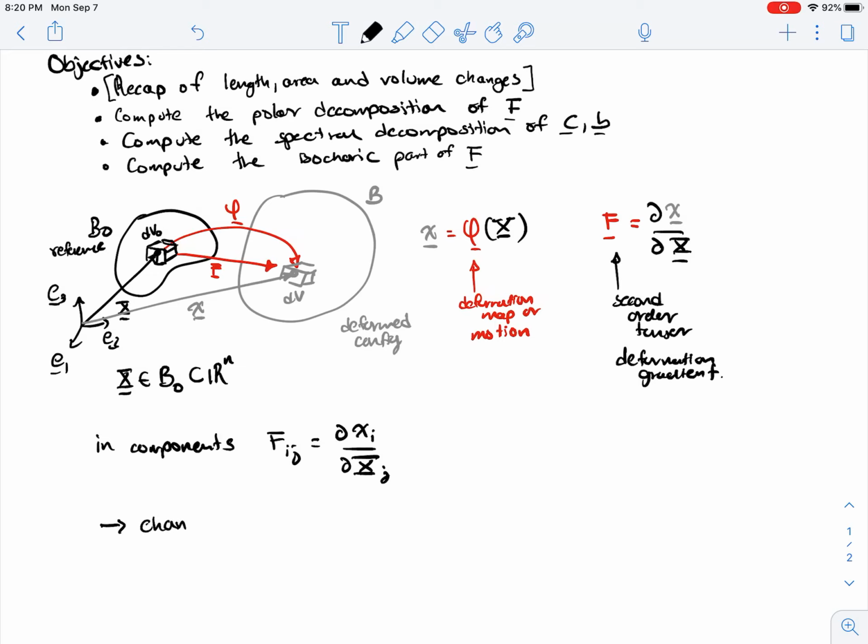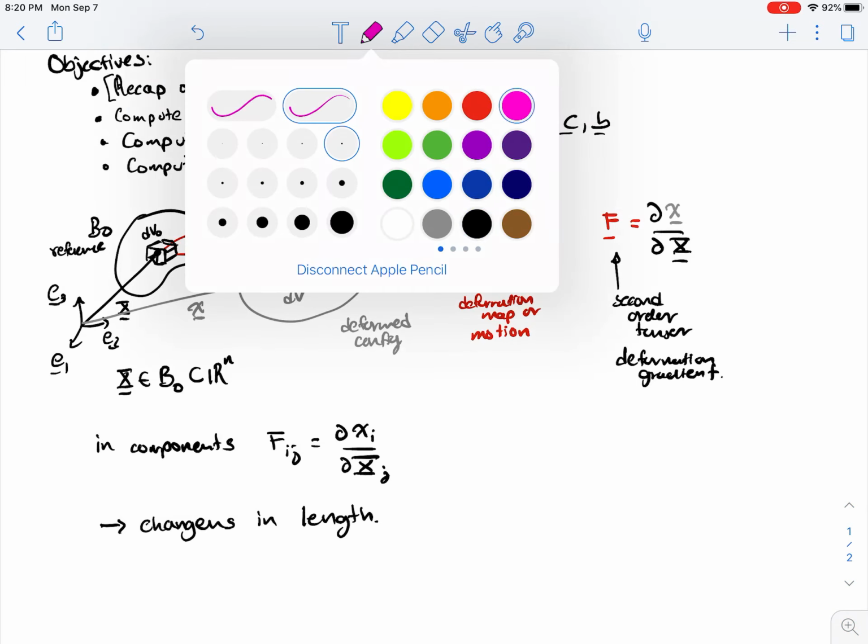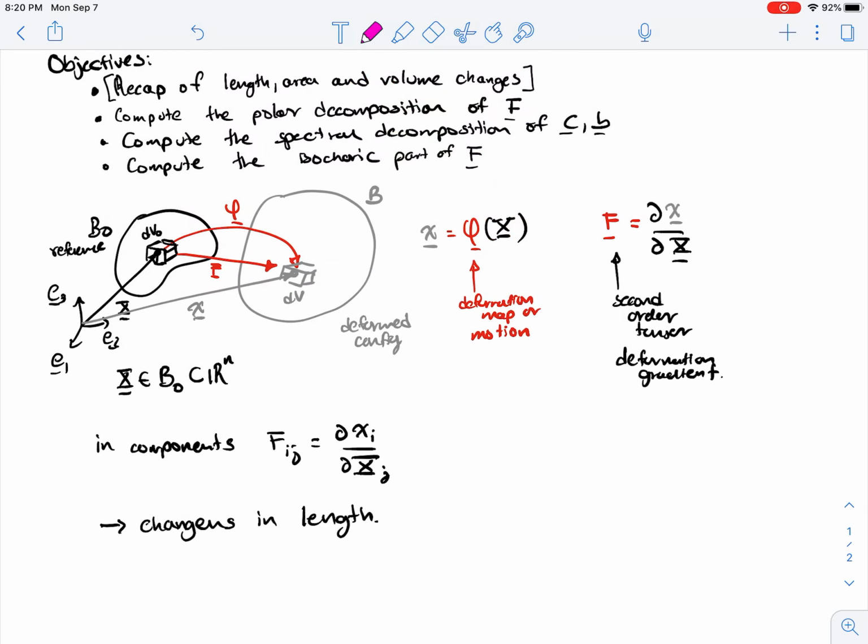And we said that there's basically three types of things that we can ask from the deformation gradient. We said that we can get changes in length, and this is because if we have a little vector at this point, capital X, let me draw some vector and let me call that A naught.